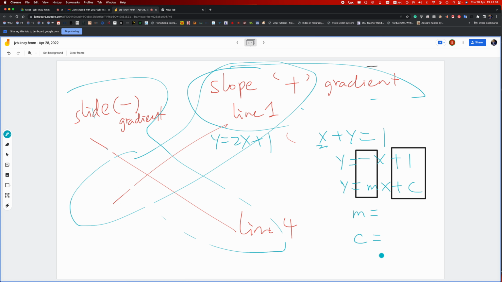You don't read the x. You just read whatever is inside the rectangle. So the gradient is negative 1. Yes.